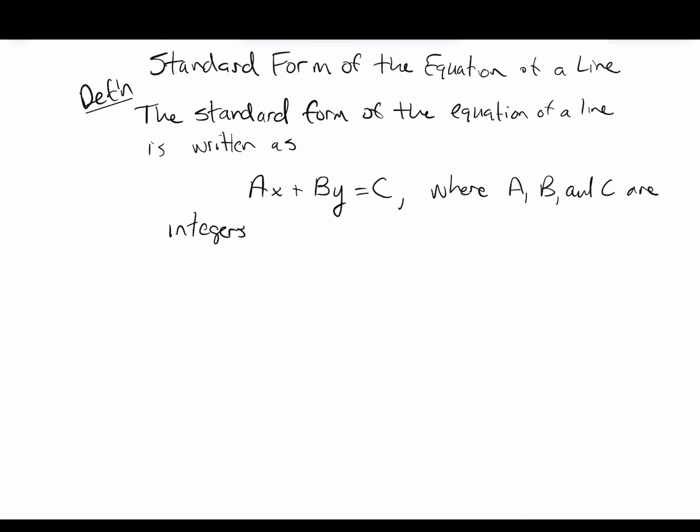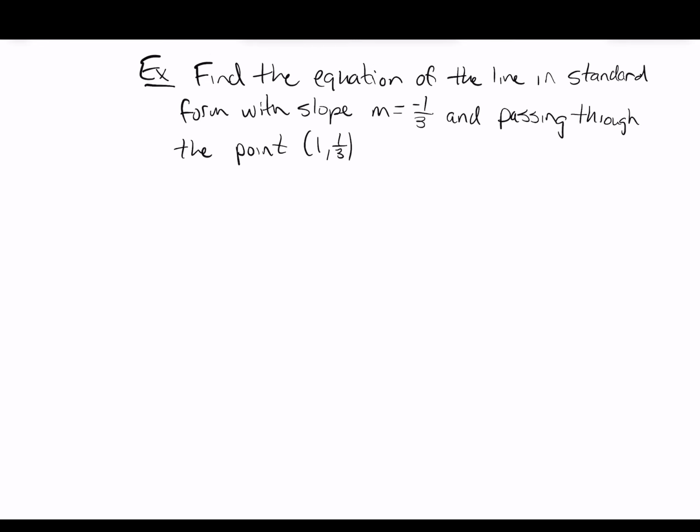Let's try another example where we are given a point and a slope, and we want to write the equation in standard form. So for this example, we have a slope of negative 1/3 and a point (1, 1/3). So we want to find the equation of the line in standard form with that slope through that point.